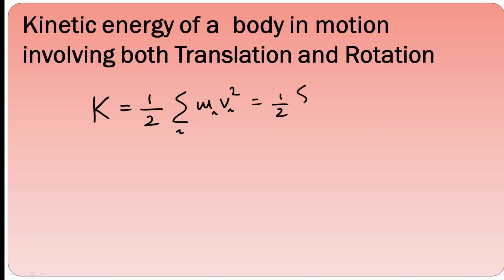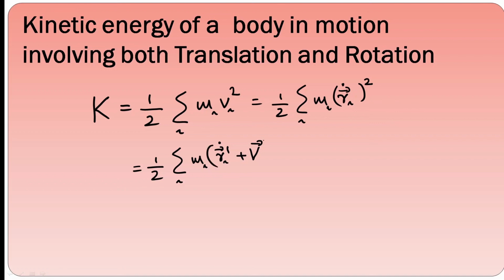That is half summation over i of m_i times r_i dot square, which is half summation over i of m_i times (r_i prime dot plus v) square, because r_i equal to r_i prime plus r, then r_i dot equal to r_i prime dot plus r dot, equal to v. That's what we have substituted here.